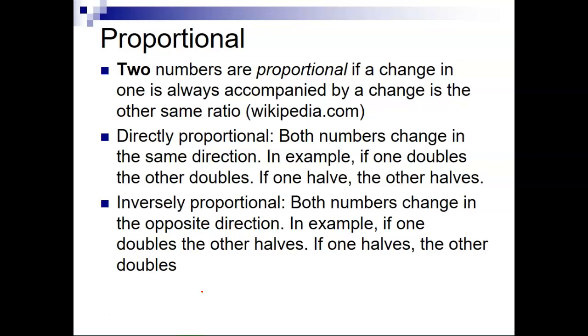So again, if you have resistance or current that is held constant, then voltage and whichever the other one is, when one goes up, the other goes up. And then you have inversely proportional. This is the relationship between current and resistance, whereby if your current decreases, your resistance increases. If your resistance decreases, your current increases.